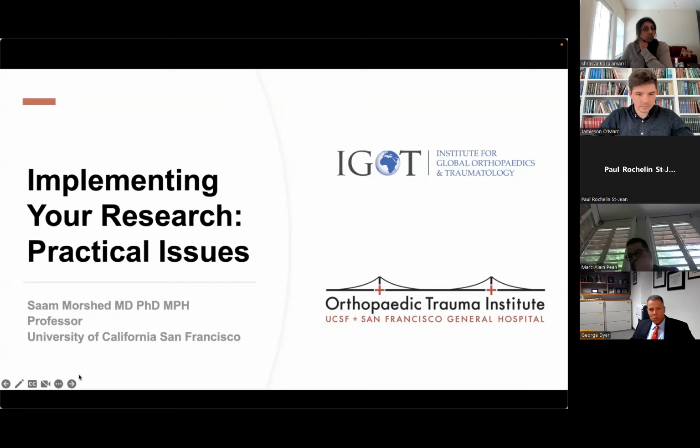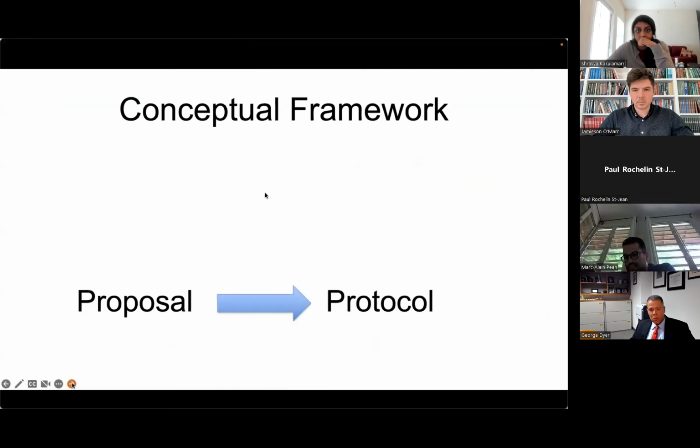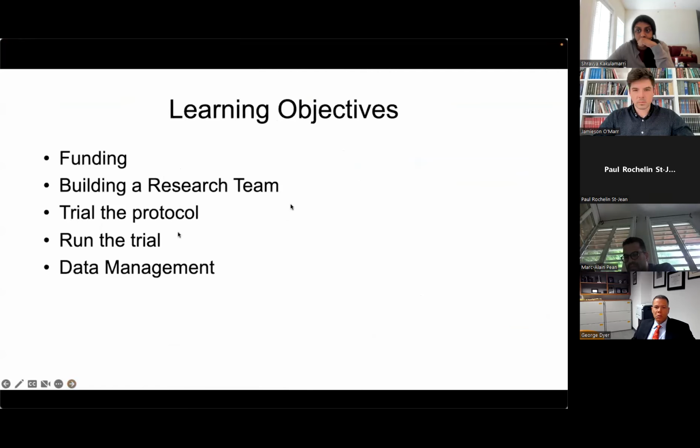The learning objectives of this presentation are practical issues around implementing your well-conceived study question that has become a good proposal, and now we'd like to roll that into actually actionizing, implementing, and putting your proposal into action.